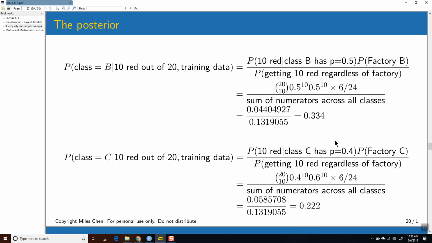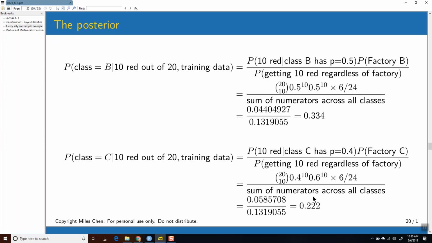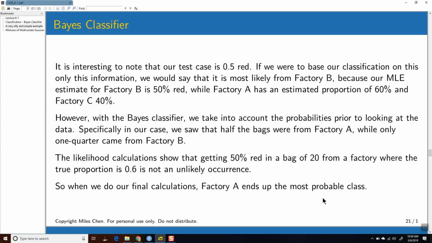What we know is that the class label with the highest probability is class A. It's got a 44% probability that it came from class A, and only a 33% and 22% probability that it came from class B or class C.